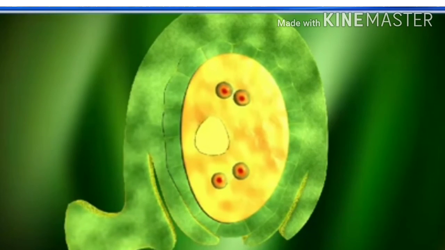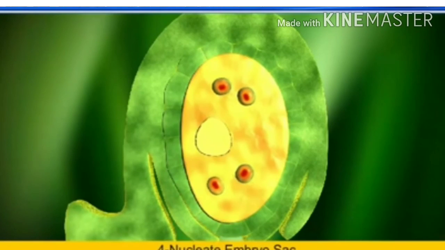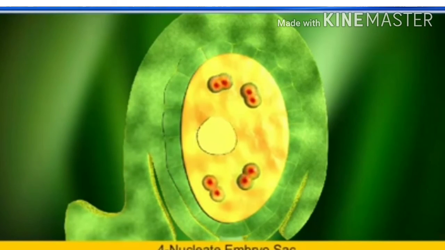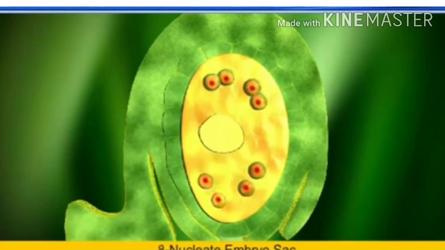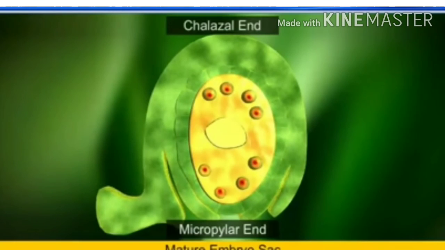This two-nucleate stage becomes four-nucleate and again divides to form eight nuclei. All these mitotic divisions are not followed by cell wall formation. First, eight nuclei are formed within the cell, then cell wall formation takes place.